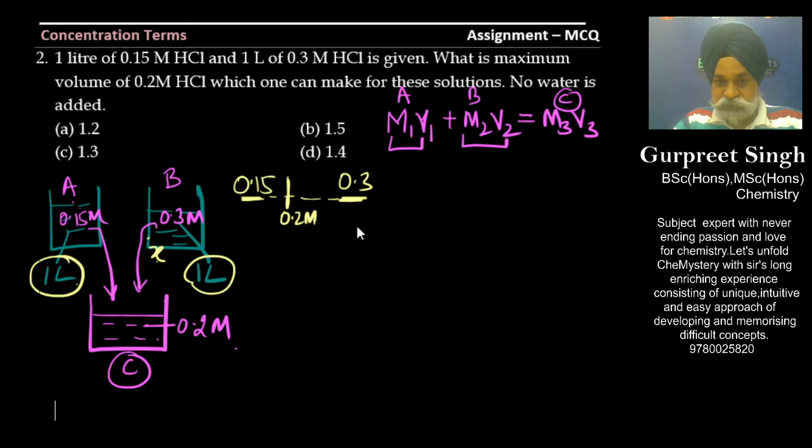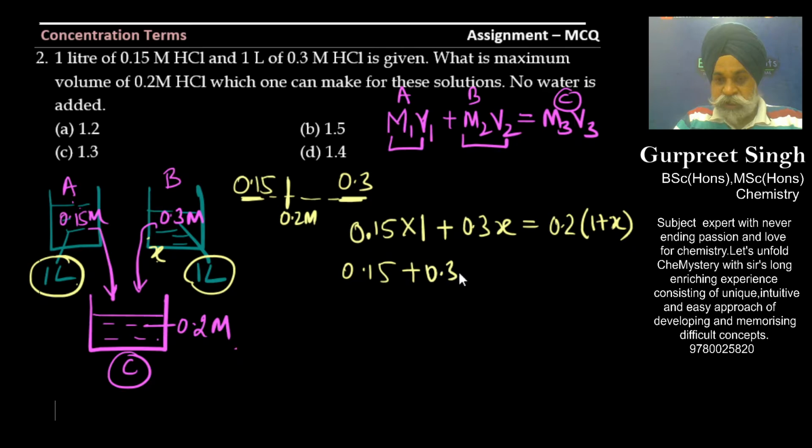Let me start with the first one. If I take the 0.1 molar first solution and take its 1 liter, and to this I add 0.3 molar as x liter, the total volume would become 1 plus x. If I take the final molarity as 0.2 and solve it out, 0.1 plus 0.3x would make 0.2 plus 0.2x.